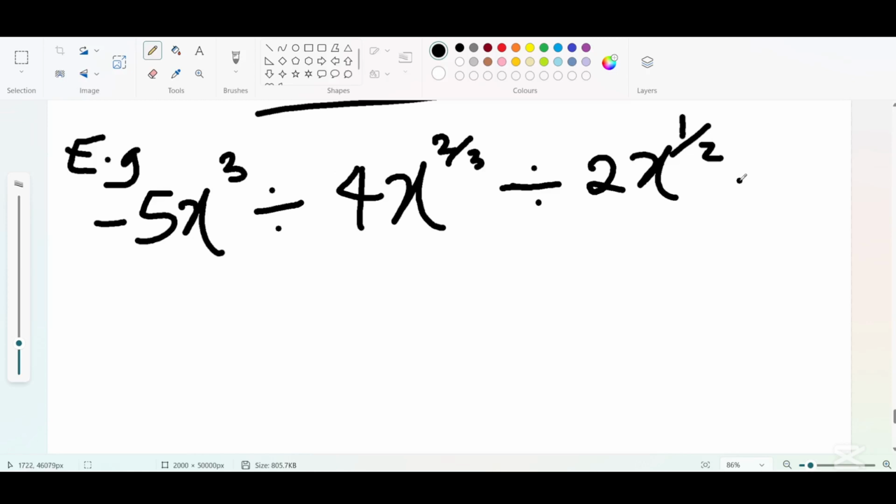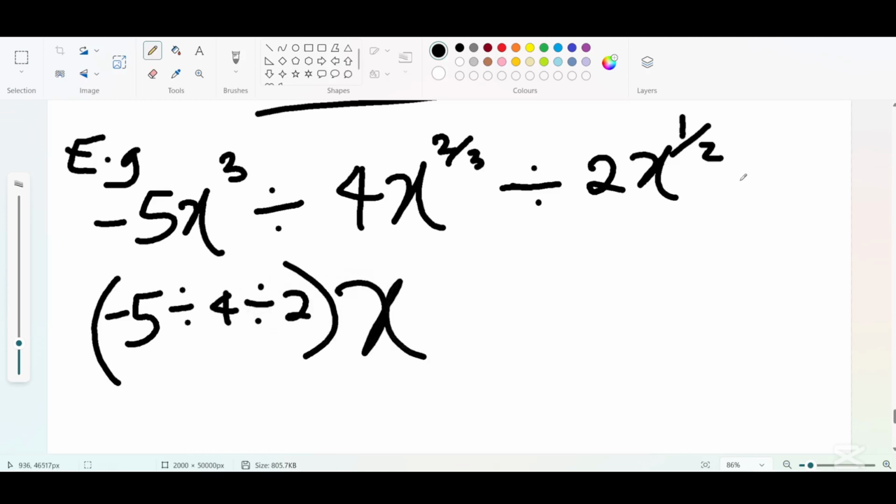So this is now going to be minus 5 divided by 4 divided by 2. Now take that x. So this is going to be 3 minus 2 over 3 minus 1 all over 2.